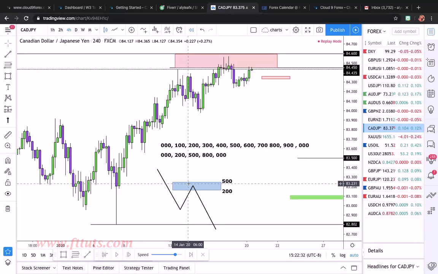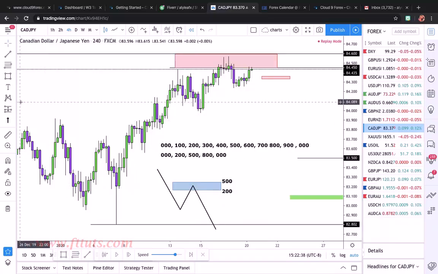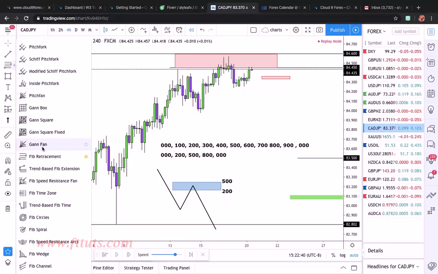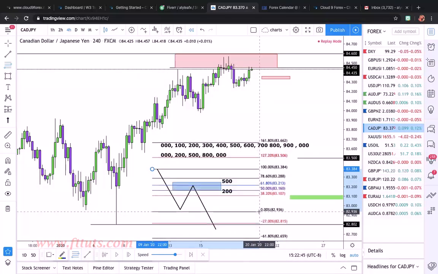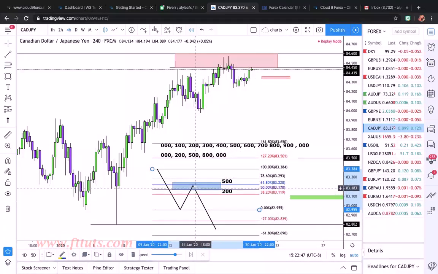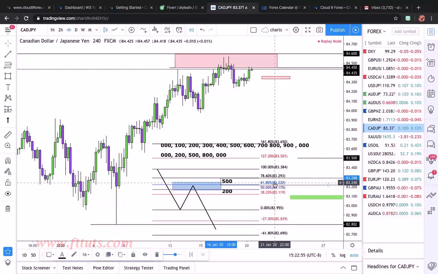Then what we would look for on lower time frames, so the 4 hour, 1 hour, 30 minute, is exhaustion. Another thing we would do is add extra confluence with our fib retracement. We would take it from the high to the low and see what level of fib it's rejecting off of. In this case, 61.8. So that's extra confluence.